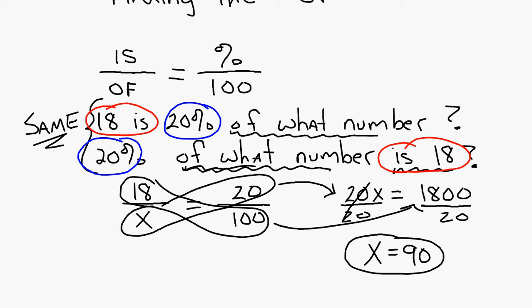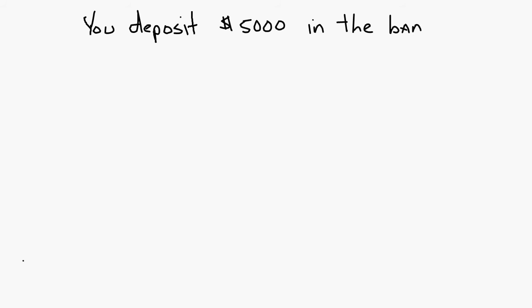All right, you got 2 word problems to cover. You deposit $500. Let's make it $5,000 in the bank, and it earns 9% interest.